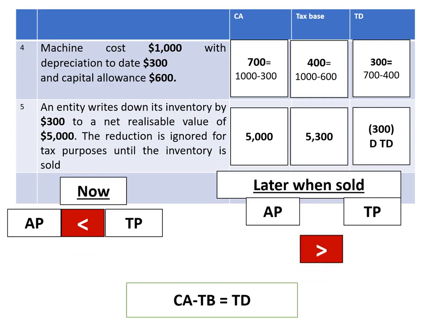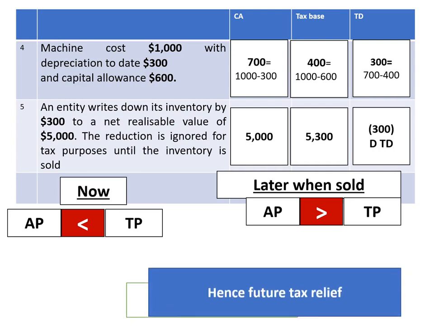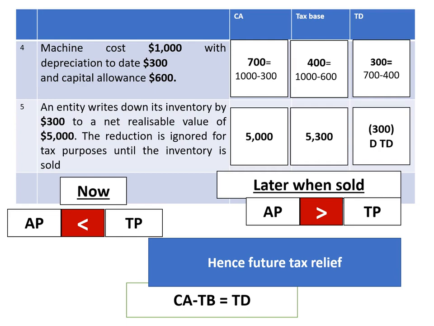So as I said, our accounting profit is less than our taxable profit because of that write down to NRV. And later, when we sell it, the accounting profit will be more than the taxable profit. And therefore, there is a deduction that we are going to end up having. Hence, it's a future tax relief that we are expecting.